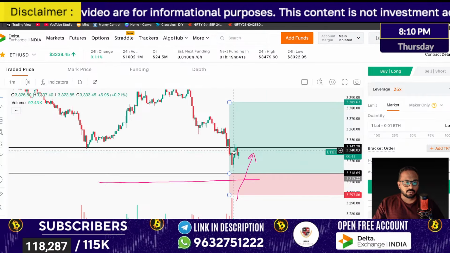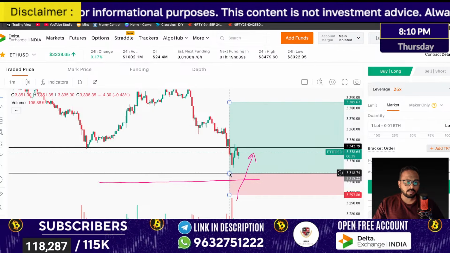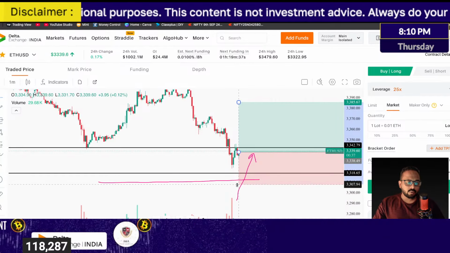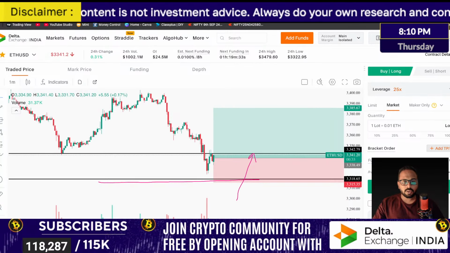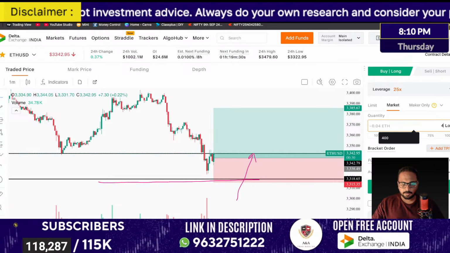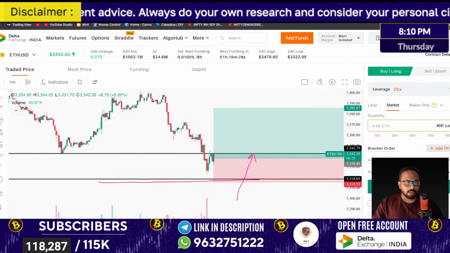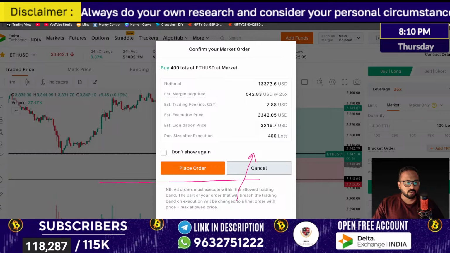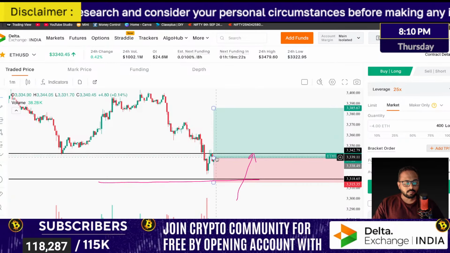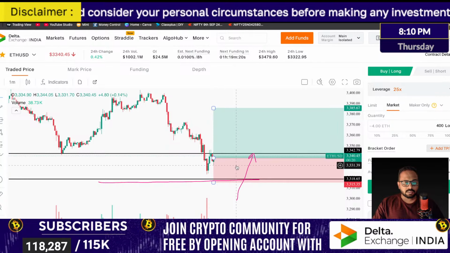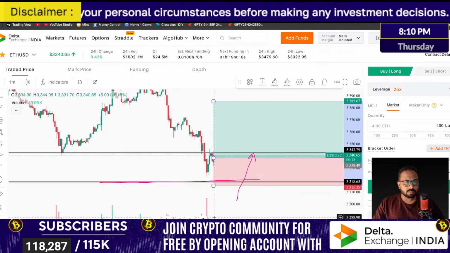Market here is trying to give a pullback. If I try to enter a trade here with a small stop loss, maybe I might get one scalping opportunity. If it sustains, fine. Without sustaining, difficult.